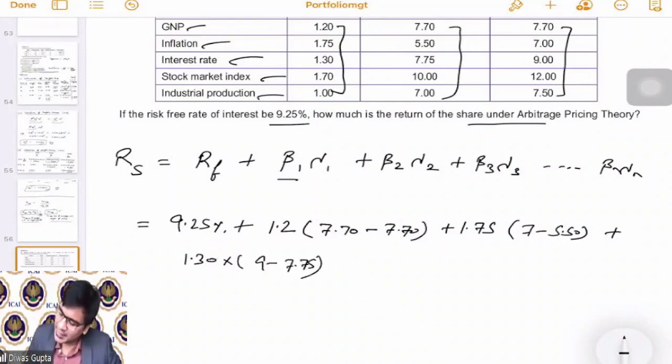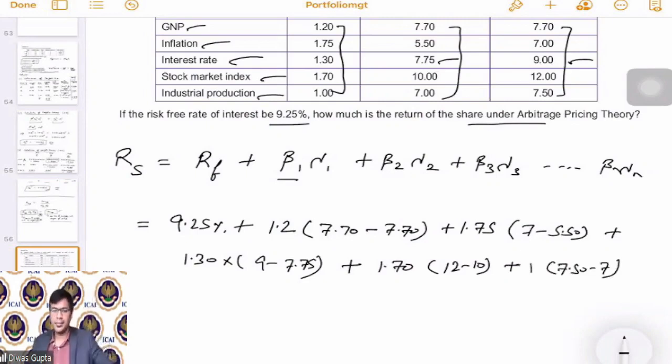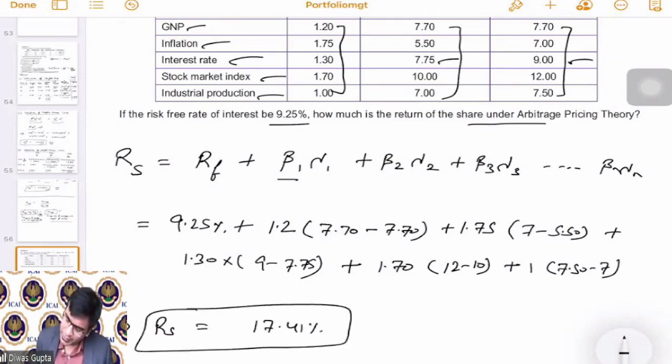So 9 is the actual return, 7.75 is the expected return, plus 1.70, which is for the stock market index, 12 minus 10, plus 1 times 7.5 minus 7. If we calculate this, the return on the security comes to 17.41 percent.